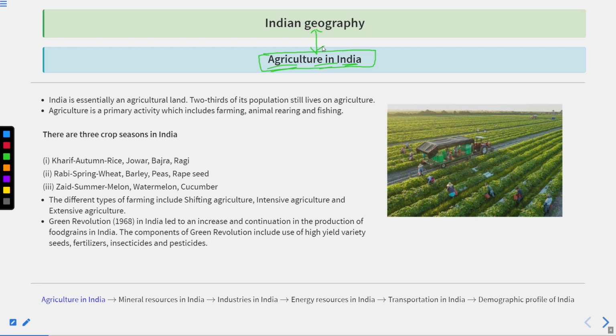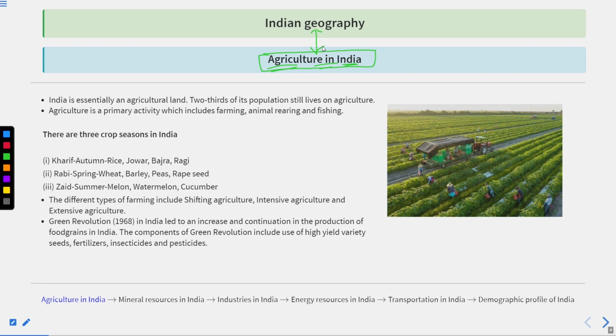Because when we talk about Indian history, Mehergarh is the first place in the world where cultivation was started. Mehergarh was part of the Indus Valley civilization, which is part of ancient Indian history. That's why agriculture in India is an important part of ancient Indian history.